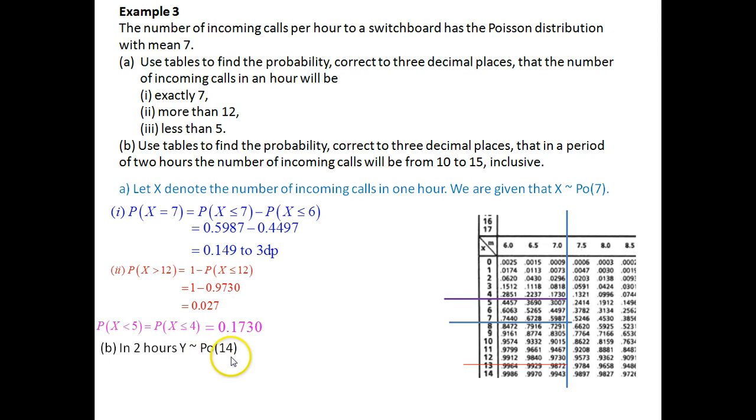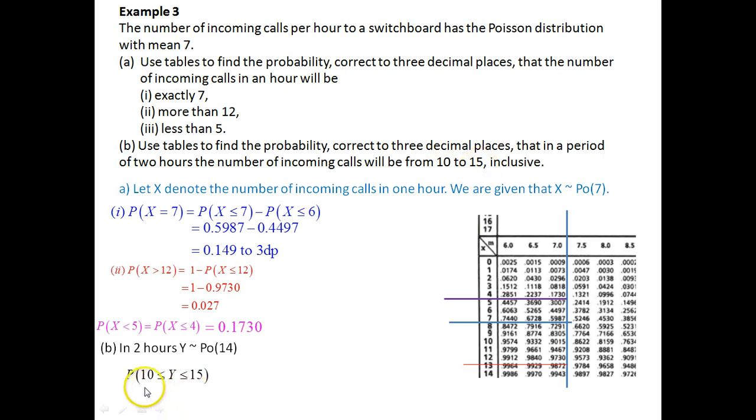So Y is now distributed with Poisson distribution with lambda 14. Now you need to look up your tables, which is on page 6, and we want the probability from 10 to 15 inclusive.